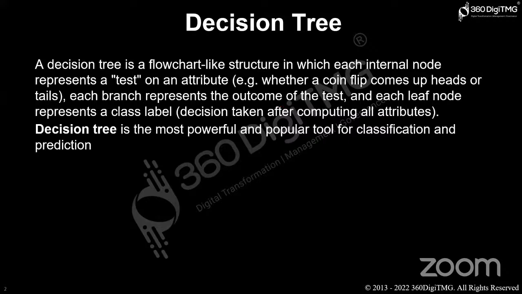Each node in the tree acts as a test case for some attribute, and each edge descending from the node corresponds to the possible answers to that test case.